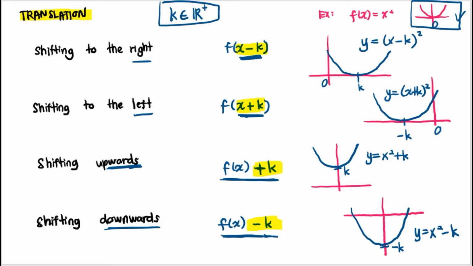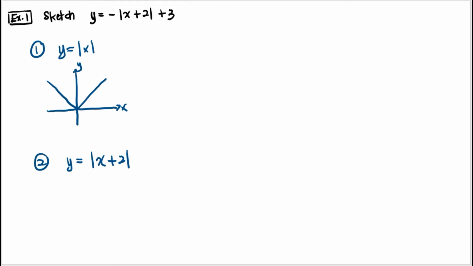Using the translation, we have something like this, moving to the left by 2 units. So this is y equal to modulus of x plus 2, where here is actually a negative 2.